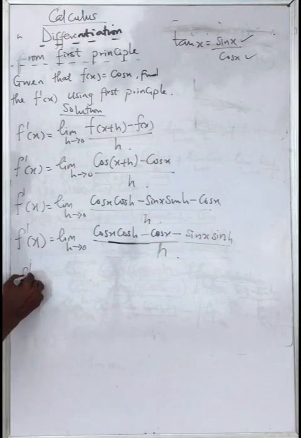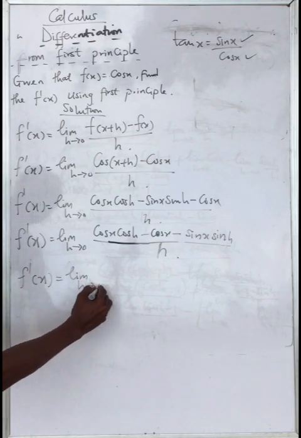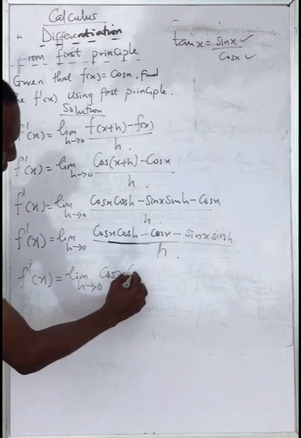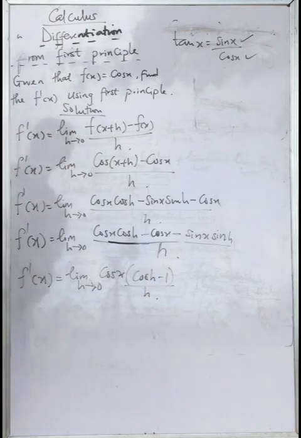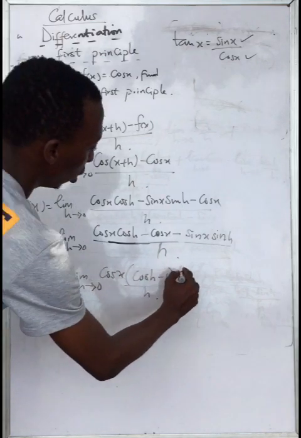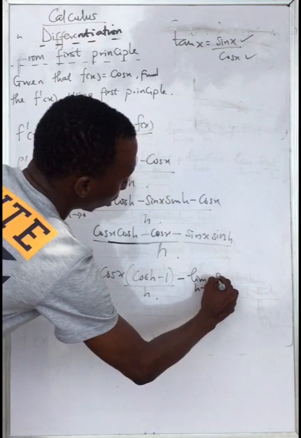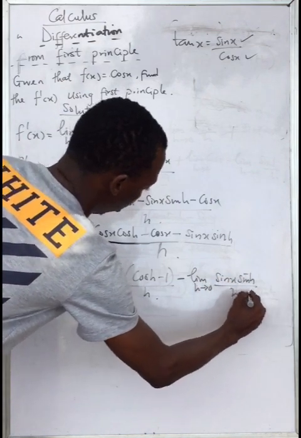So my f prime of x becomes the limit of h tends to 0 of cos x times (cos h minus 1), since cos x is a common term, minus the limit of h tends to 0 of sin x sin h over h.